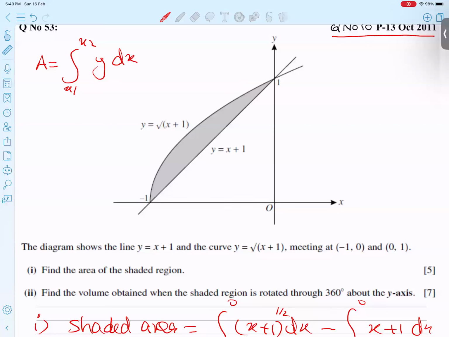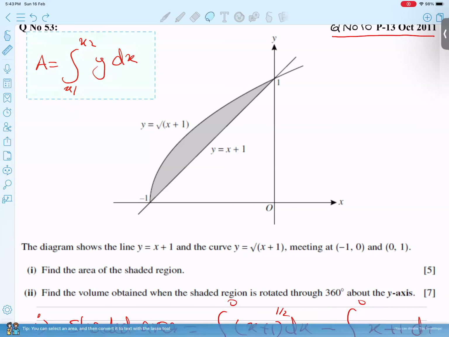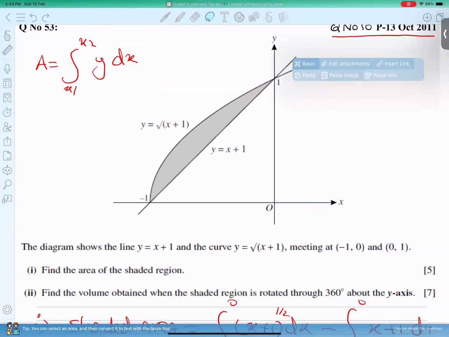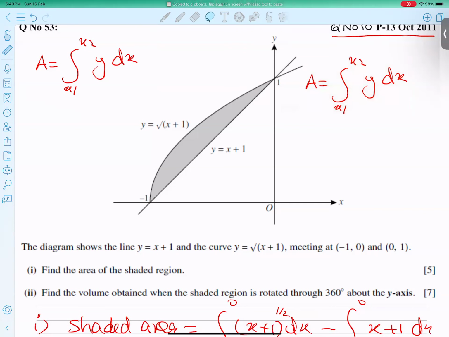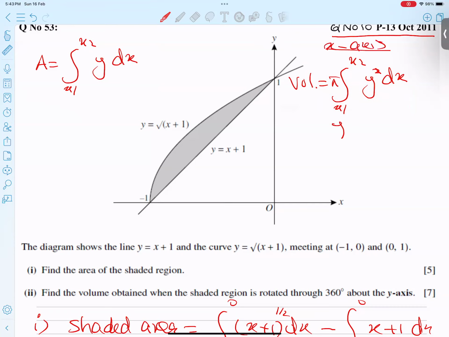Students, this disconnection came, but anyway, this is the area formula. And what is the volume formula? We copy it as it is, everything the same. You know it very well. Just small changes we make. What are the changes? Here, volume, I write pi outside and square of y, if this is about the x-axis. But if I want to take the volume about the y-axis, what technique do we use?